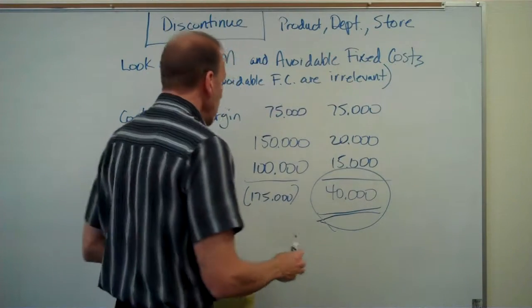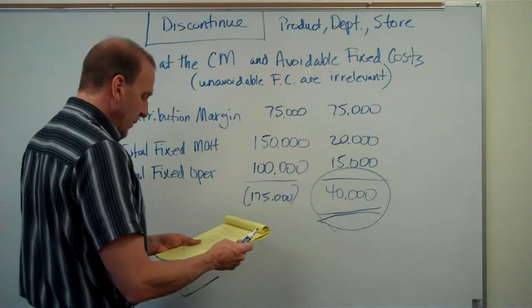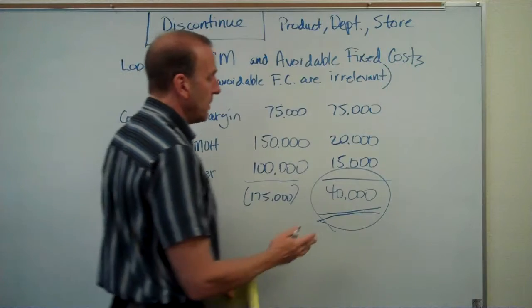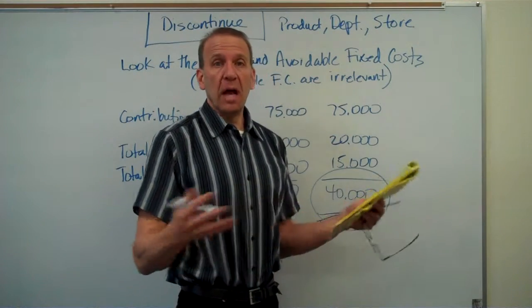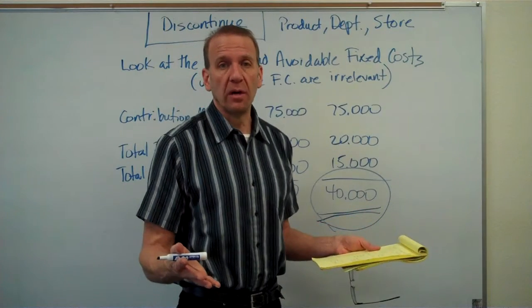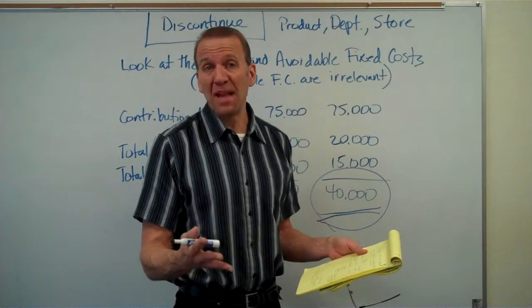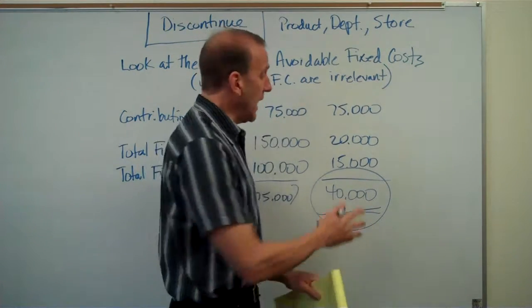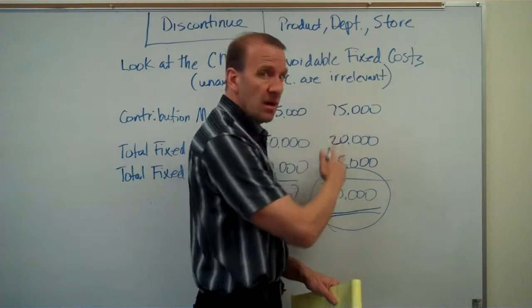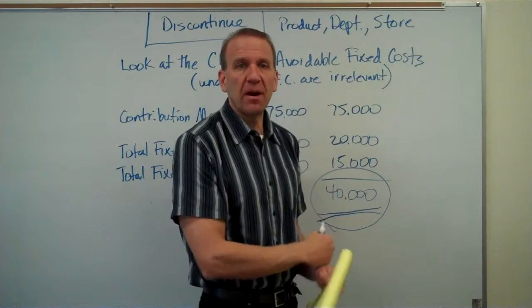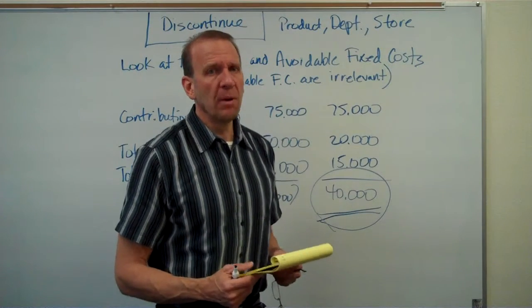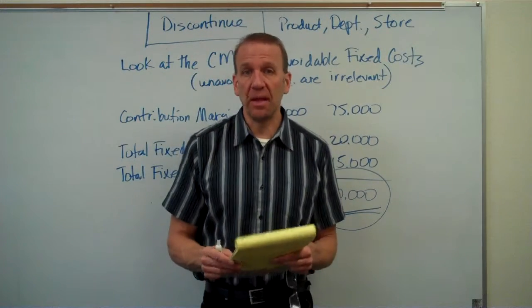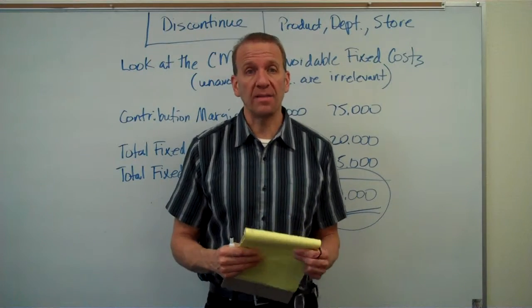Another thing is, if we discontinued, it would free up capacity, meaning some space in our store, because the bedding area probably takes up a good part of the store. Can we use that for something else that would make us even more money? It doesn't look like we should get rid of it, but if we can use that space for some better purpose and make more money, then maybe we would want to do it. But we'd have to have that information in any problem where we're analyzing this.